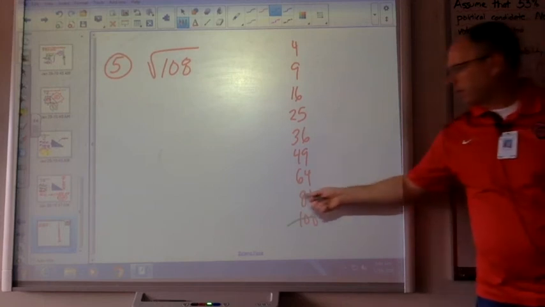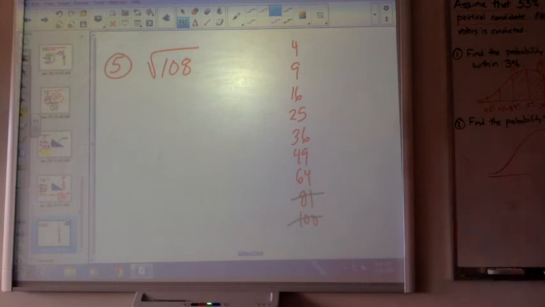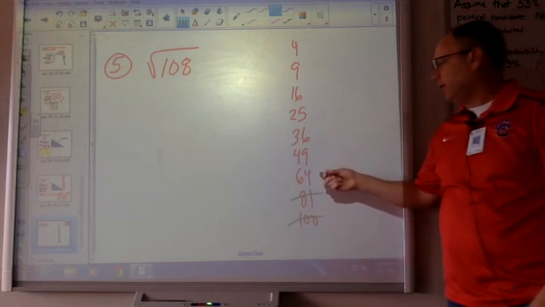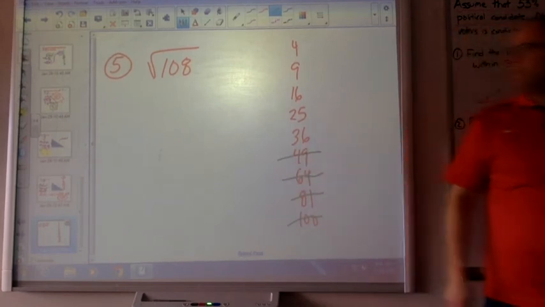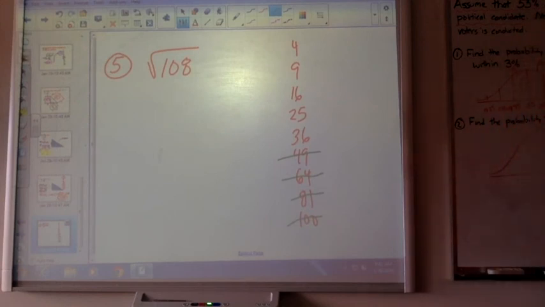Let's see, 64. 64 times 2 is 128. That's probably not going to help either because I need to get to 108. Let's see, 49 times 2 is 98. 49 times 3 is way bigger than 108, so I can get rid of this as well. 36.